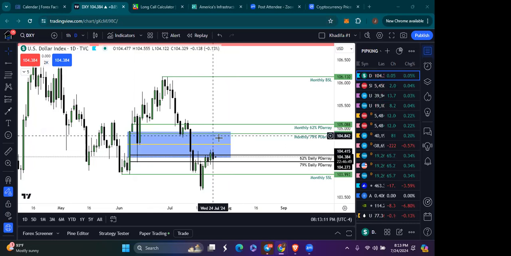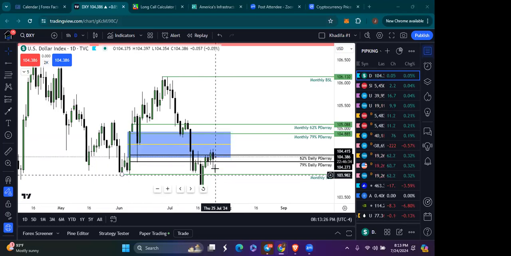That will determine my next play, or my next bias, should I say, for the dollar. But as of now, that's what I'm waiting on. I'm waiting for an aggressive move one way or the other.